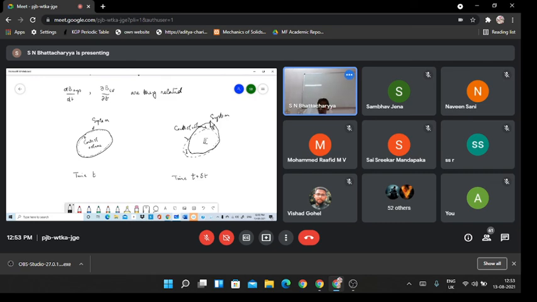So then, what is the property value in the system at time t plus delta t? For the system, I'll have to add up the contribution from 2 and 3. Whereas for the control volume, I'll have to add up the contribution from 1 and 2. If I add up for 2 and 3, I can calculate this quantity.